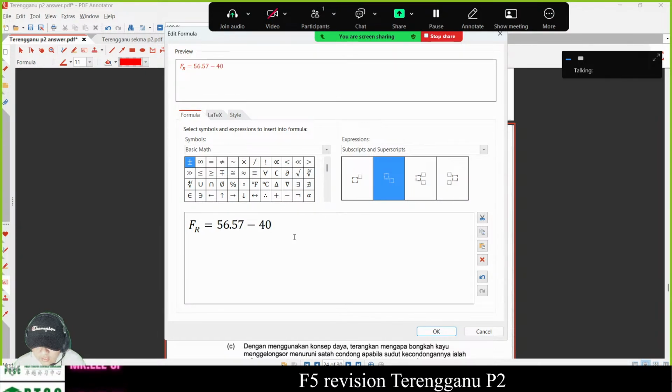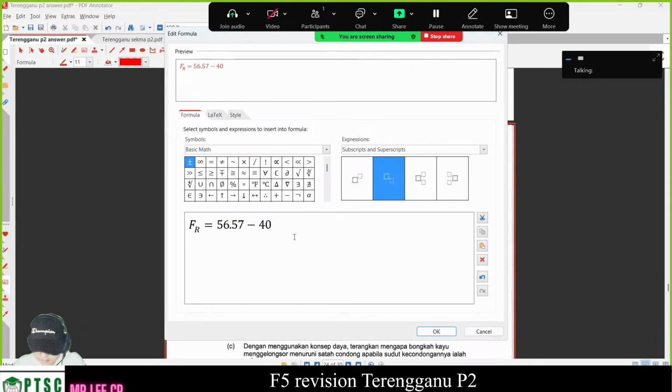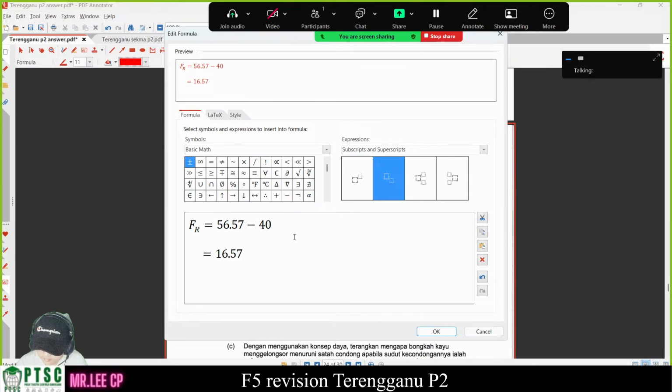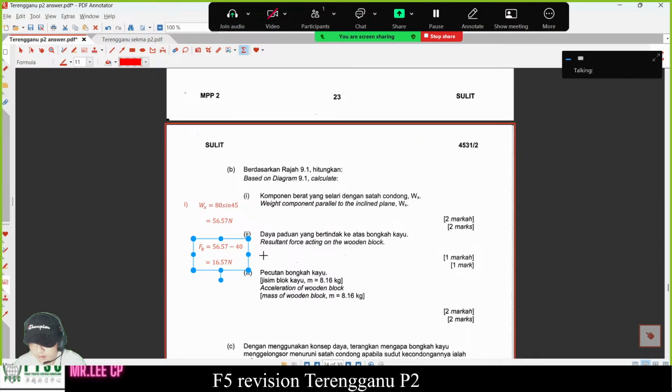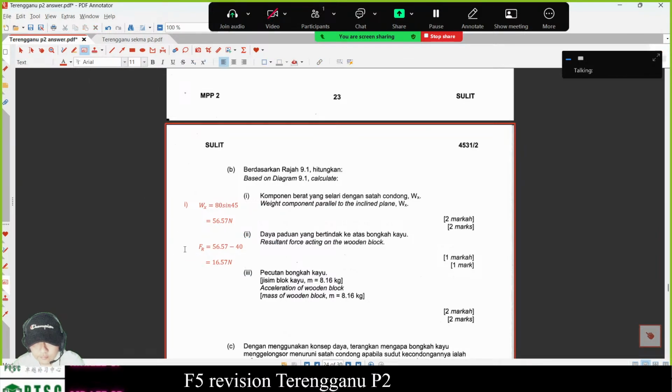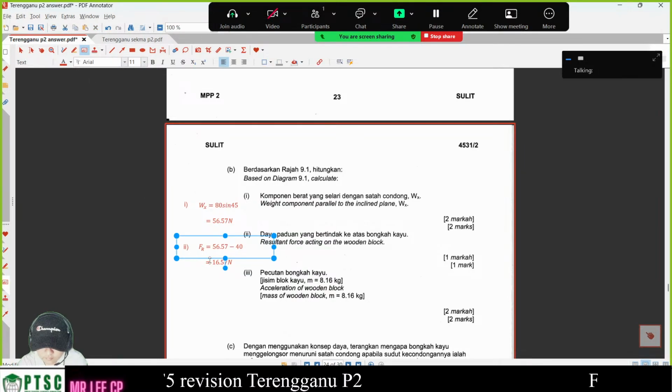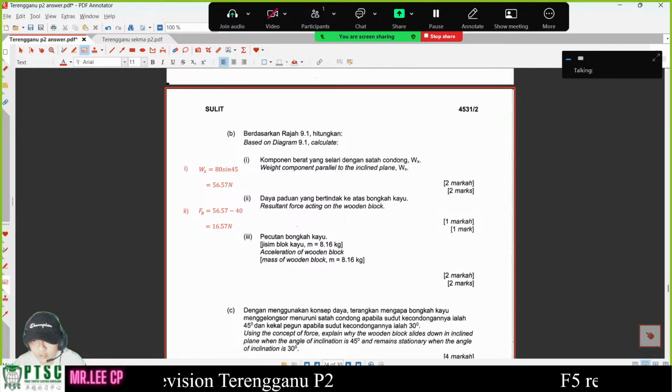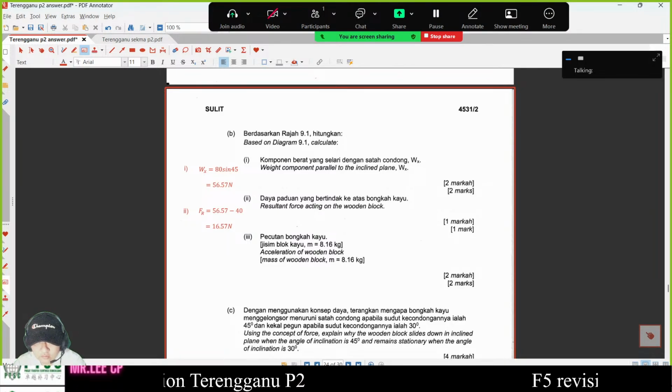So left 16.57 unit Newton. Okay, unit Newton. Alright, resultant force acting on the wooden block.